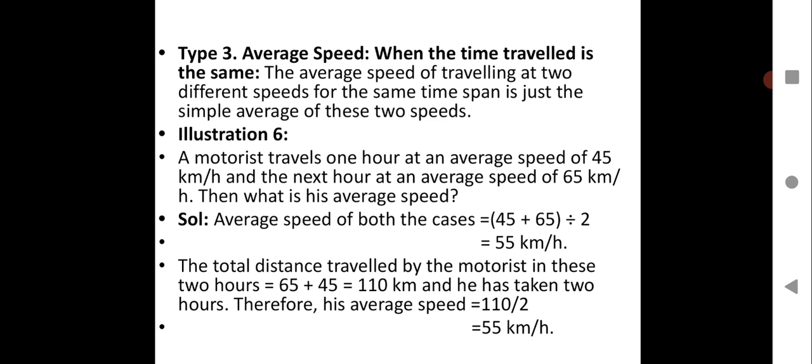So average speed is equal to total distance, that is 110, upon the total time taken, that is 2. So 110 divided by 2, that is 55 km per hour. Very simple. So you just have to bear some concept in your mind, and please never forget the formula speed is equal to distance upon time.